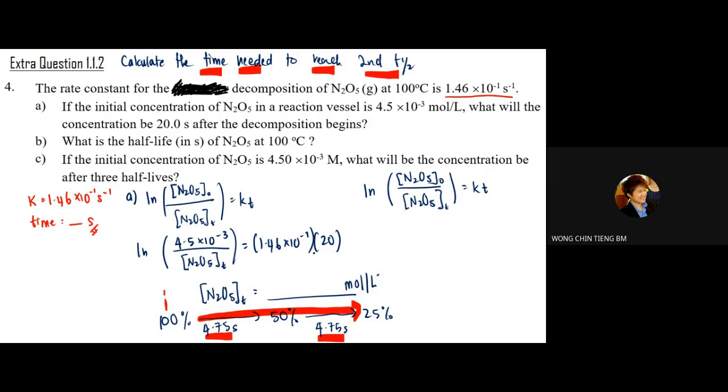I'm looking for the t, obviously. So, ln of initial 4.5 times 10 to the power of -3. This is the one that I'm looking for. Okay. Your k remains the same. Your k will be 1.46 times 10 to the power of -1.